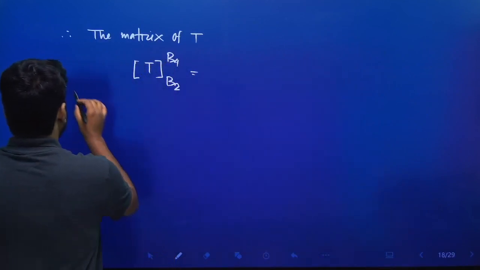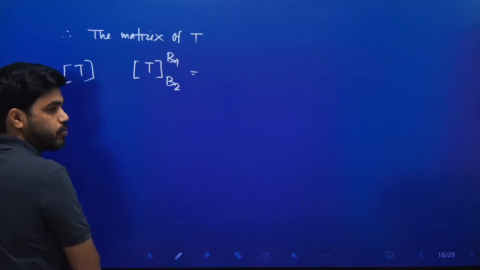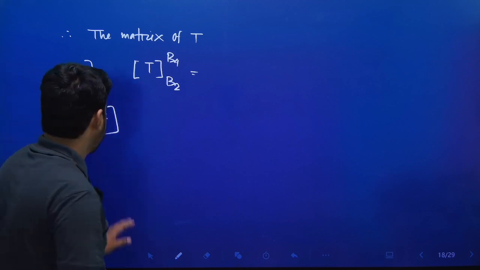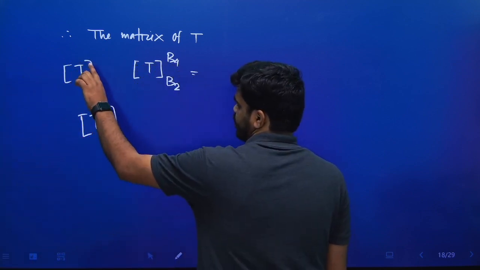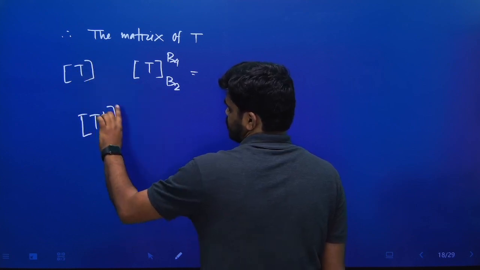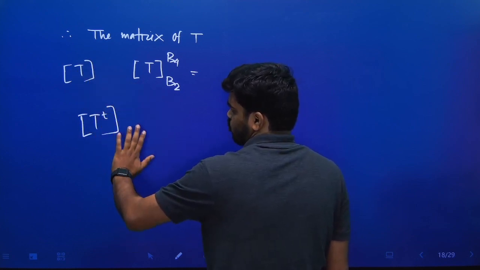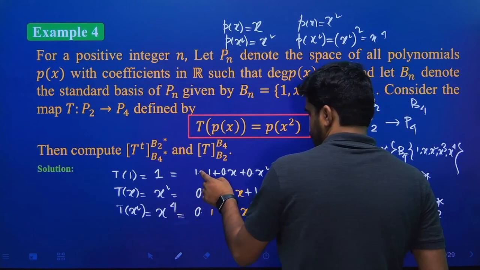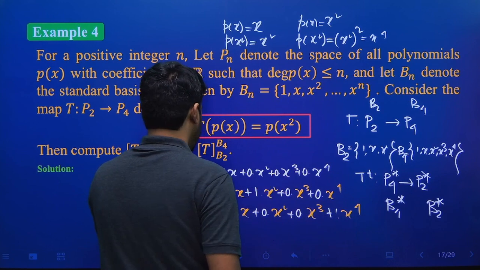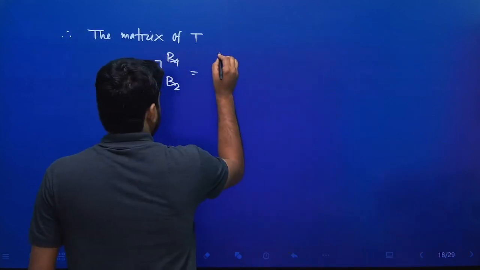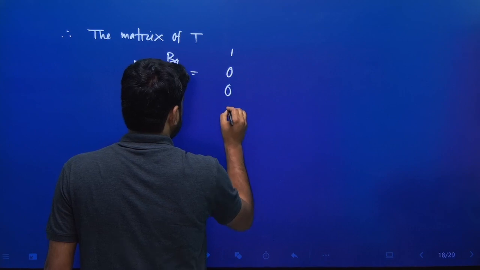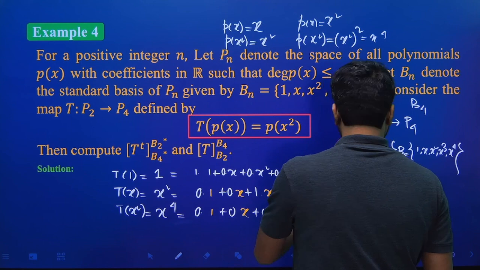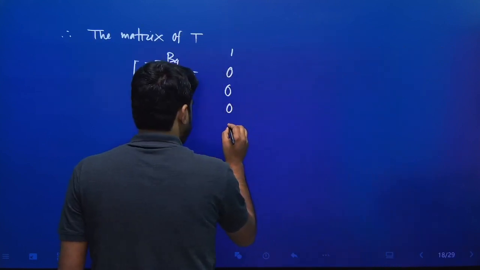In the exam, they can simply give this, they can give it this way too. Okay, this is the transpose of T, and this is simply the matrix representation of T. This is the matrix representation of T transpose. So this will be just 1 0 0 0 0. First column will be 1 0 0 0 0.